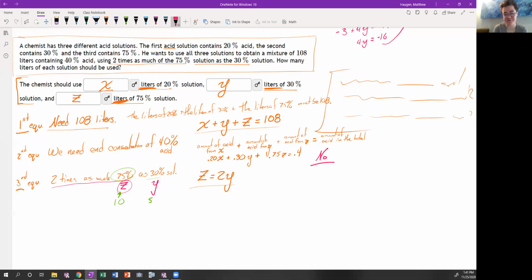Because it just has the percentage of acid, not the amount of solution. Well, you said it very nicely. You said percentage of, right? This was percentage of plus percentage of plus percentage of should equal percentage of. Percentage of what? The 108 total.